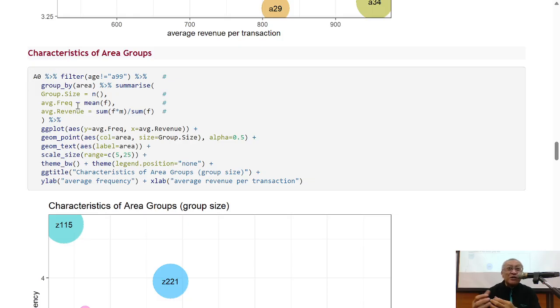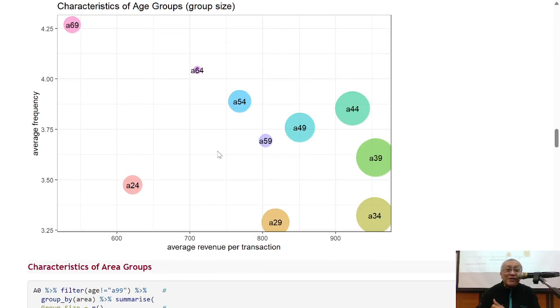So with this tool, I only give you an example, right? And you explore more. You explore which age group generates the largest profit on average, right? Okay? And which age group has the larger margin, right?